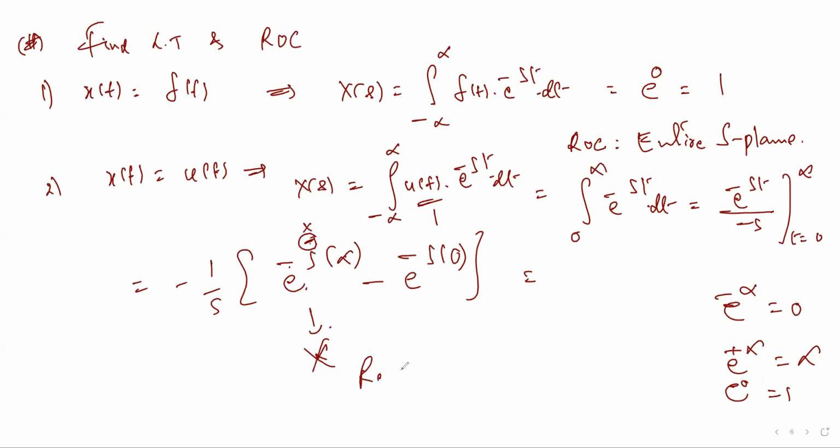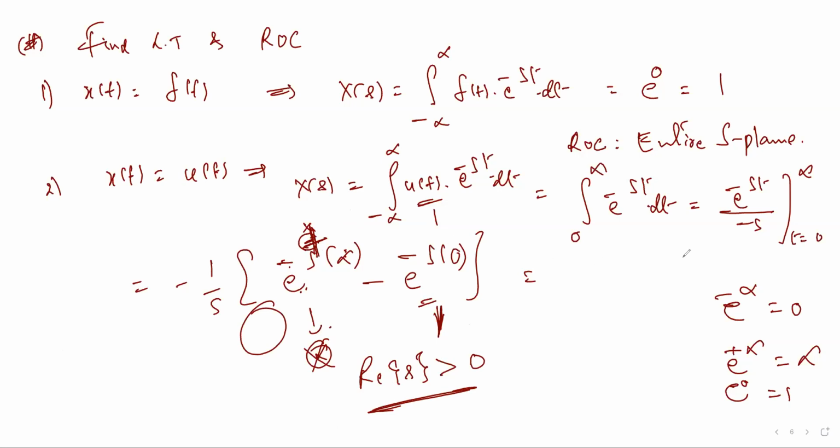So that we should say that real part of s should be greater than 0. Then only this will become positive. If it is positive, e to the power minus infinity will be 0. No problem. And this is e power 0 will be 1. Fine. So this term should be 0, this term should be 1, under the condition real part of s greater than 0.